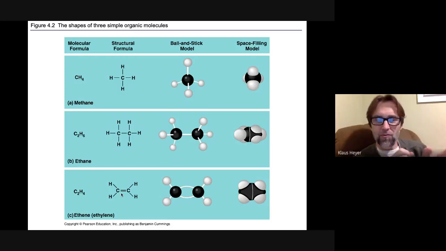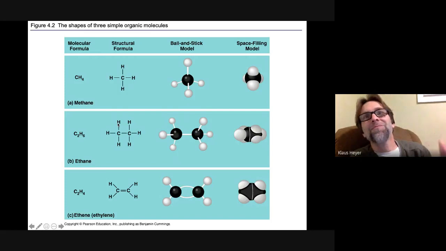In other words, it's sharing 2 electrons with another carbon. And then because of that, there's only 2 bonds left. This carbon can only make 4. So if you look at each C, there's only going to be 4 dashes coming out of each C. So these are just different versions of it.